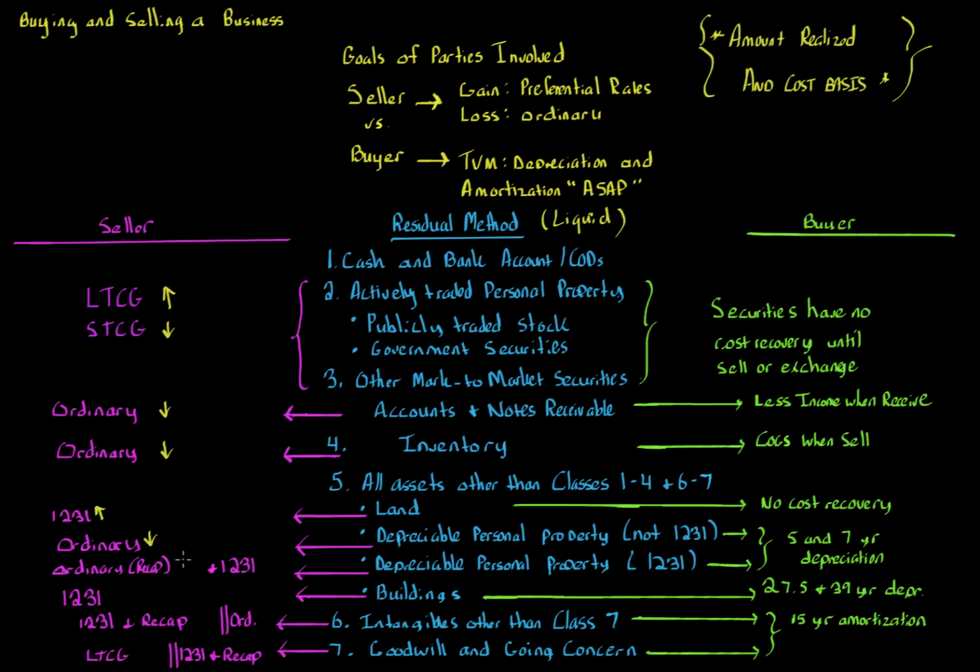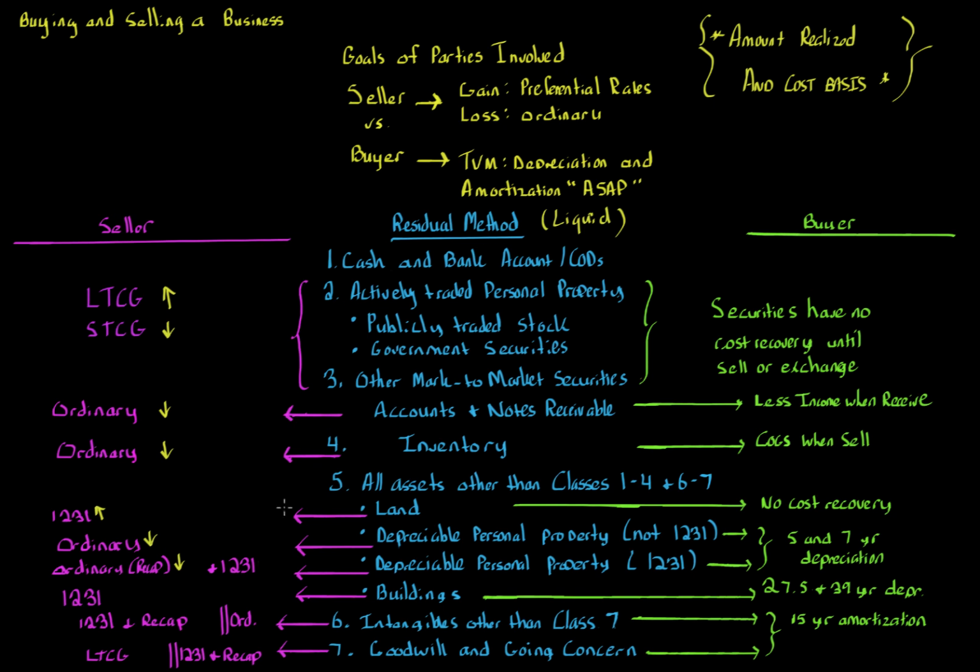Now this one's interesting. The ordinary portion, normally we think of as we want to decrease this, right? We want to devalue this. But look at this. Whatever is beyond that ordinary recapture amount is going to be considered 1231. If you forgot about recapture, the way it works is the amount of recapture, generally speaking, is usually the lesser of the realized gain on the transaction or the amount of depreciation.